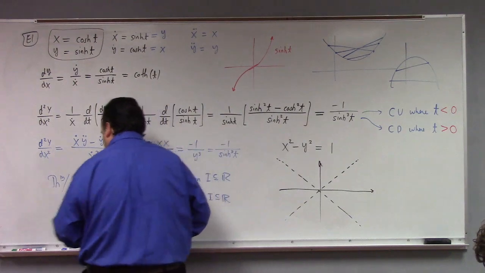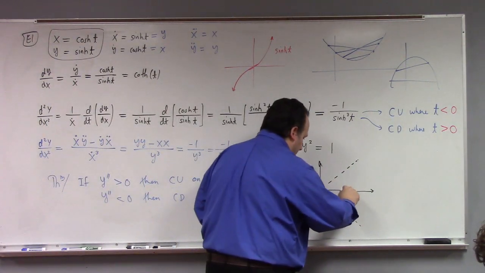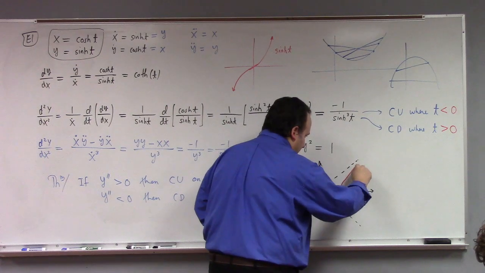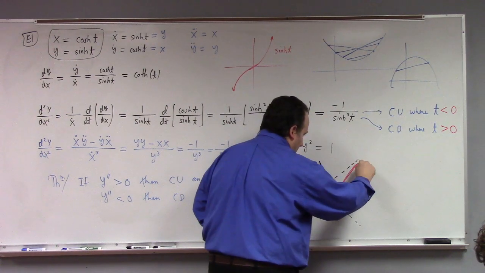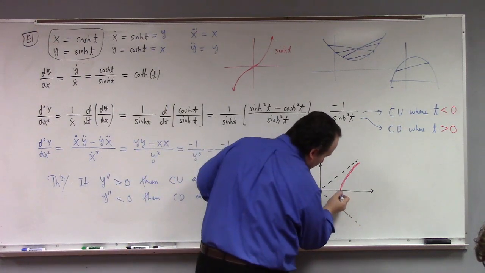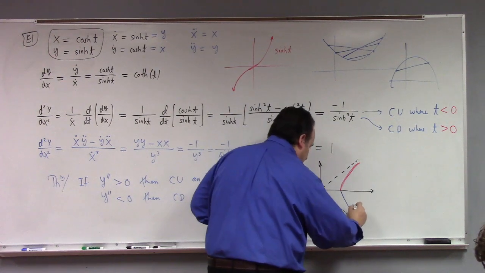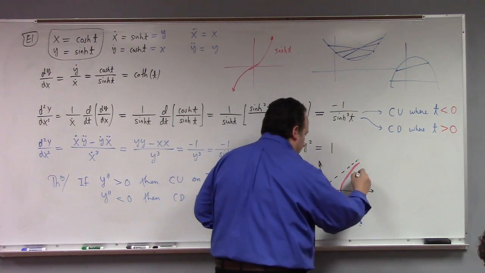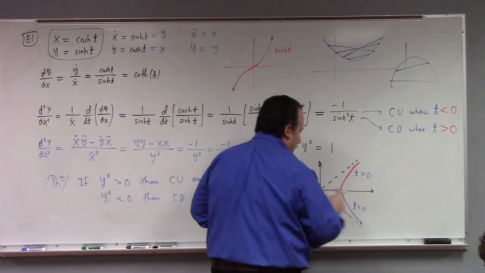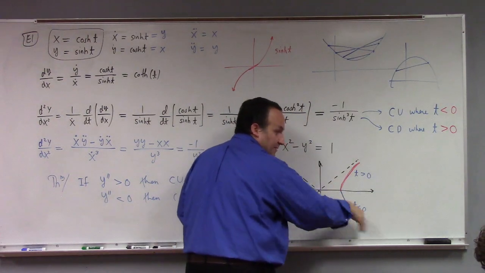And what we are studying here is the right branch of it, right? So you got this piece here, and you've also got this piece down here, right? So down here you've got t less than 0. Up here you've got t greater than 0. As you can see, concave down up here, concave up over here.